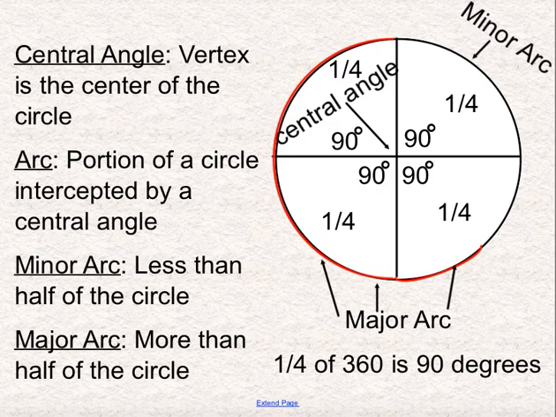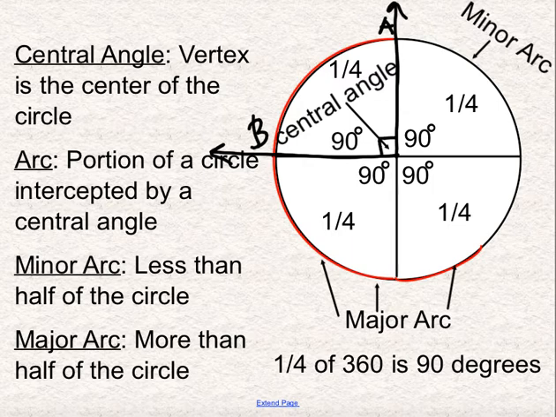Now, we can define them by how big they are, and we can also say that the minor arc and major arc have measures. So if we have that same one here, but go just straight out here, we would say that this minor arc from A to B has a measure of 90 degrees.